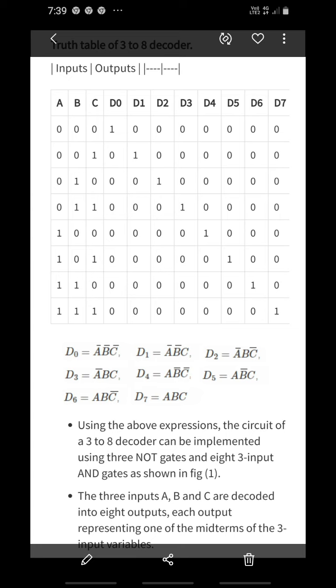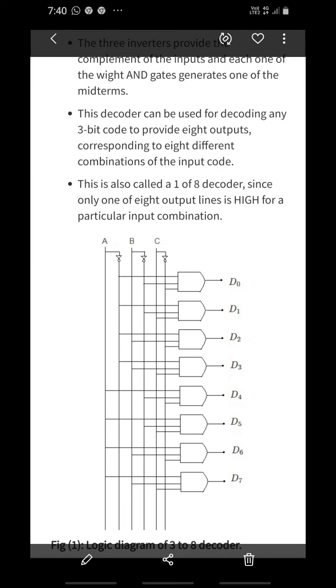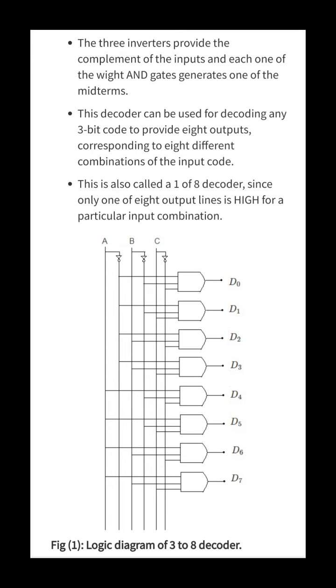The 3 inputs A, B and C are decoded into 8 outputs, each output representing one of the minterms of the 3 input variables. Next, the 3 inverters provide the complement of the inputs and each one of the AND gates generates one of the minterms.